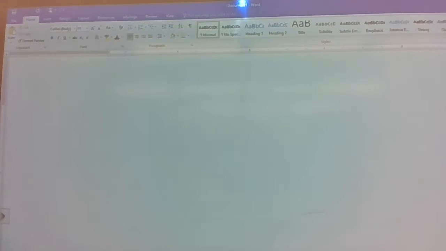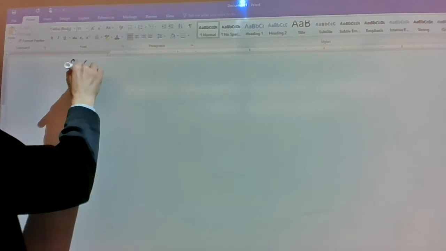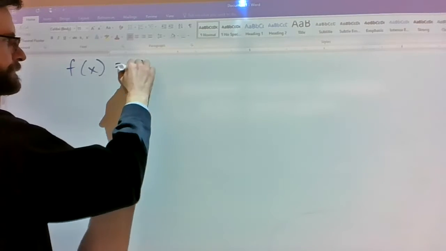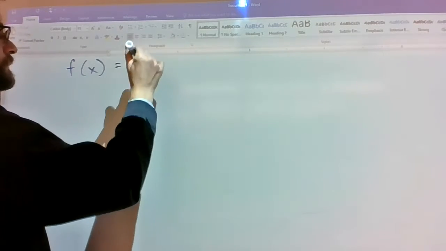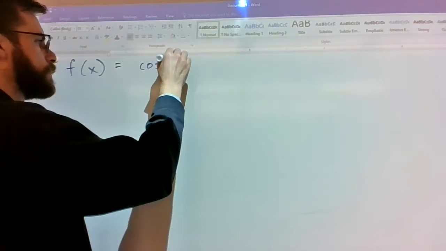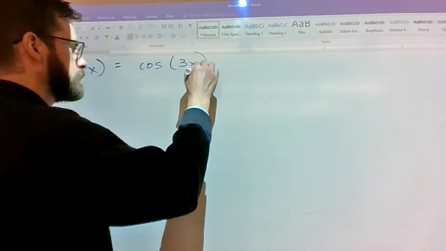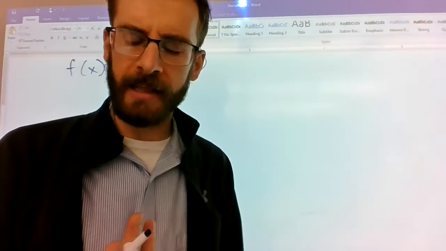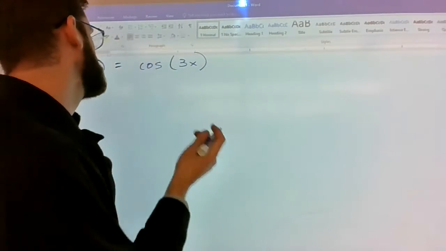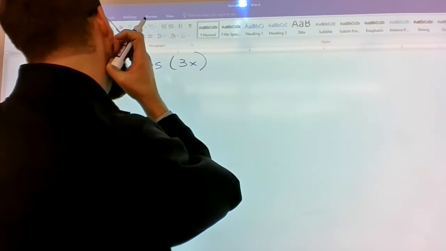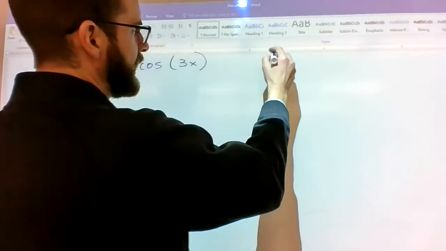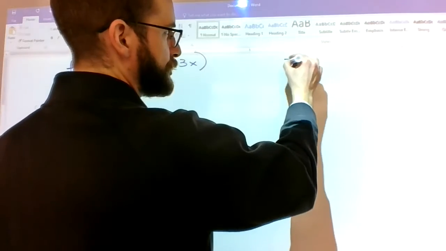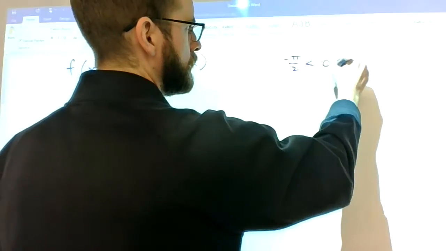Let's make it simple. Let's say your function is the cosine of 3x. And instead of from 0 to 2 pi, let's pick a different interval: negative pi over 2 to pi over 2.